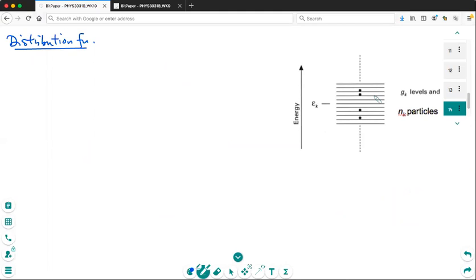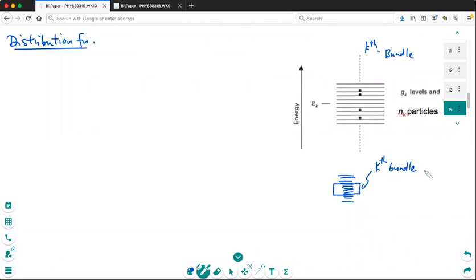So we are going to do some trick here. We are going to look at one particular bundle. This is called a bundle. This is the kth bundle. I have a lot of energy levels, so I'm going to cut them in a way that I group them, because they are empty anyway. And this is my bundle.